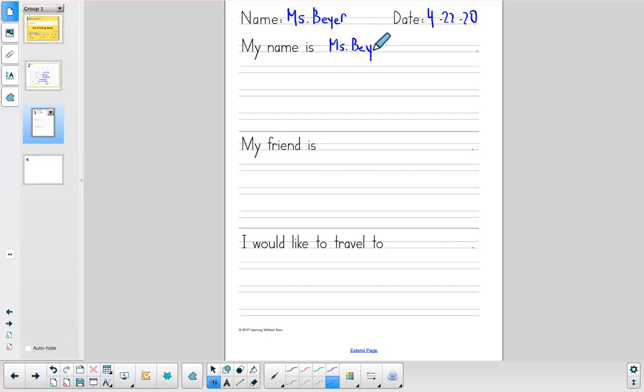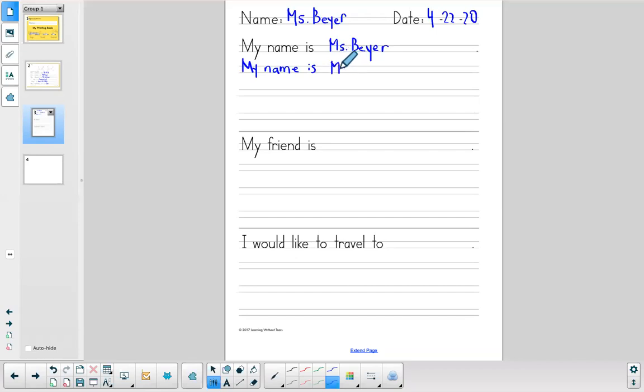Okay. Now, what I need to do is copy this entire sentence below it. So I'm not just copying what my name is, but I'm copying the entire sentence, including the space that I had to fill in, my name.